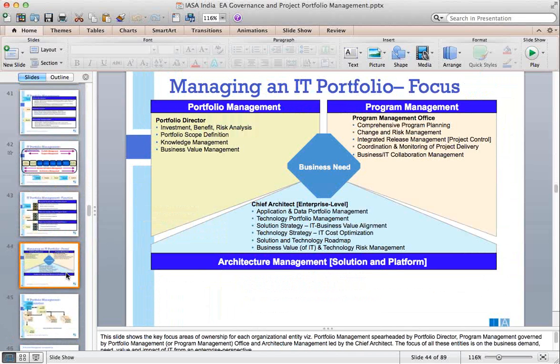While the program management office will focus on comprehensive planning, change and risk management, release management based on the IT portfolio sequences defined at the time of the initial scope definition. The portfolio scope definition will have prioritization of projects and programs to be executed, and there might be a huge gap if that doesn't happen.